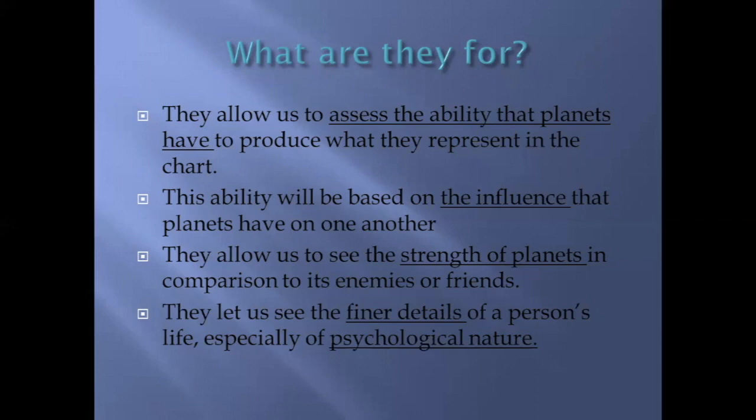They are very good for finding out finer details of a person's life, especially of psychological nature. They're very good for finding out how a person might act, or different personality traits about a person as well.